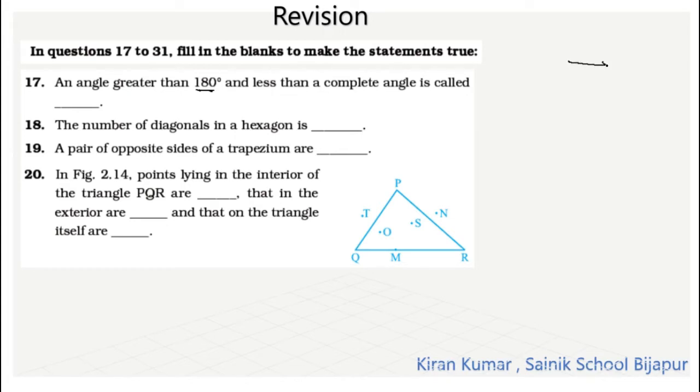This would look like this. It is greater than 180 degree. This is the angle. Greater than 180 but less than 360. So this particular angle is called as a reflex angle.